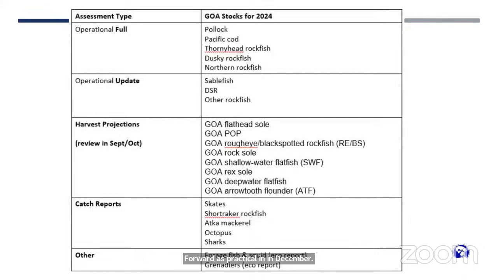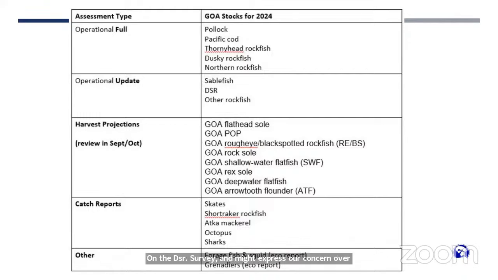I'll just note on the GOA DSR CIE, we appreciate the updates on that and the responsiveness to CIE recommendations to develop the surplus production model and support continued exploration of that as time and resources allow. We got an update on the DSR survey, and might express our concern over the end of that survey.